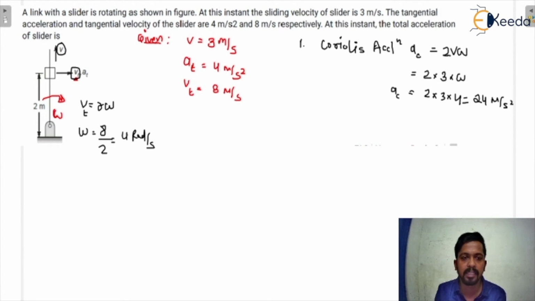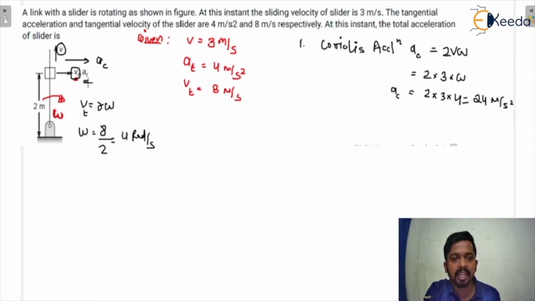So we have tapped the sense of omega, that is in the clockwise direction. And what is the next procedure? We have to rotate the v vector by 90 degrees in the same sense as omega. That means the direction of the Coriolis acceleration would be in that direction. So that is the direction of the Coriolis acceleration we have calculated.